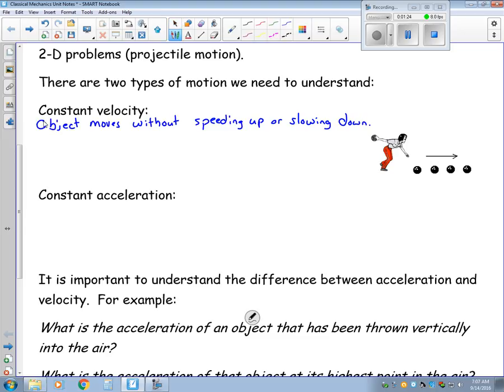Once you release a bowling ball, it maintains a pretty constant velocity as it travels down the lane. So if I were to make a position versus time graph, what I would see is a nice linear line, because the position is changing evenly with the speed.